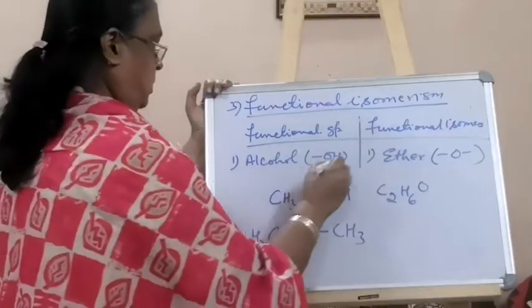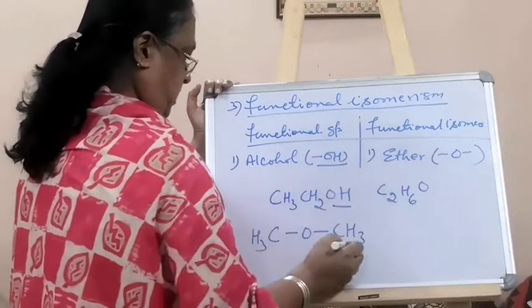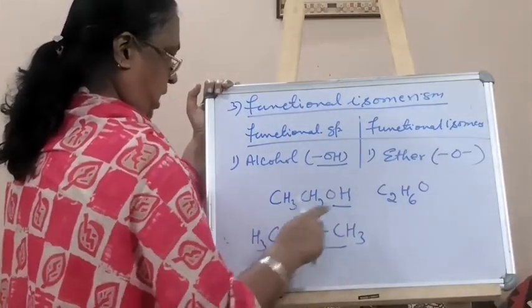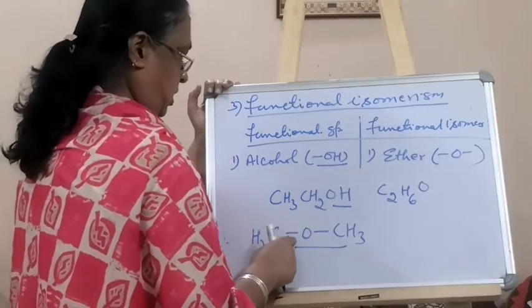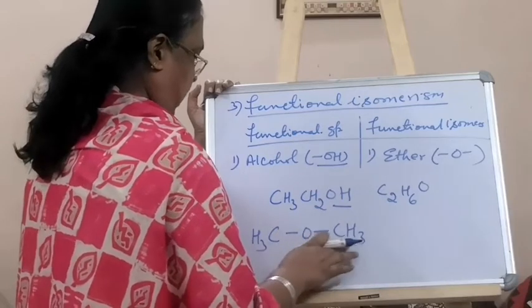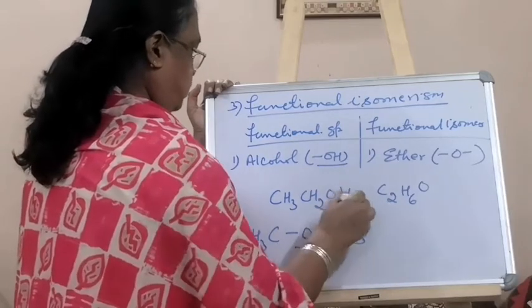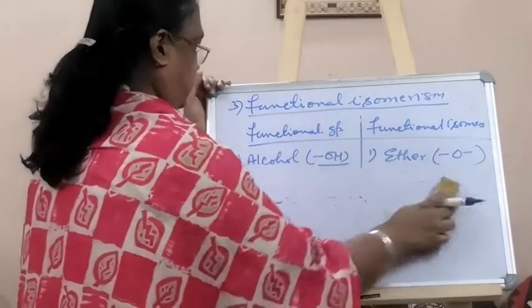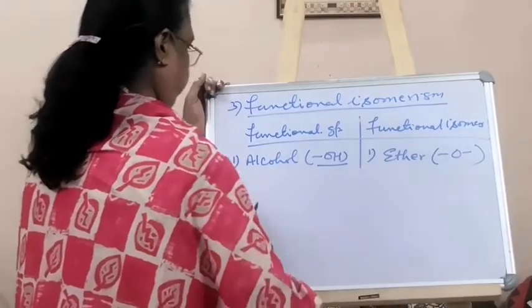So this is alcohol, this is ether. The molecular formula is the same, 2 carbons, 6 hydrogens, 1 oxygen. But the functional groups are different, and therefore these two are functional isomers. So the first example is your alcohol.